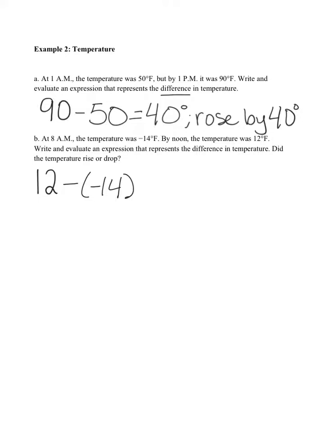So it started at 12, the temperature ended at 12 degrees in this scenario, and then we're taking the difference of where it started, so minus negative 14. And as you can recall, we know that we can rewrite these problems by adding the opposite.